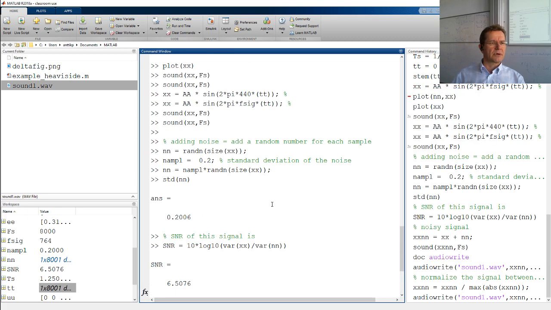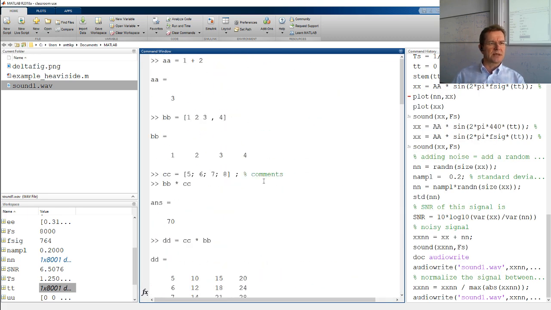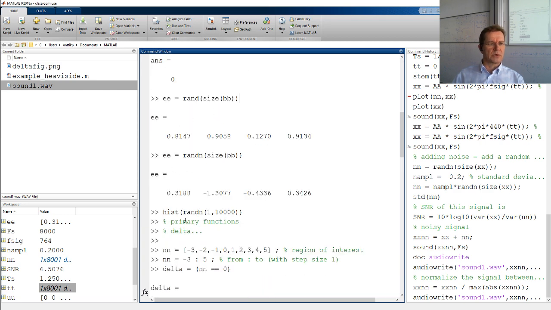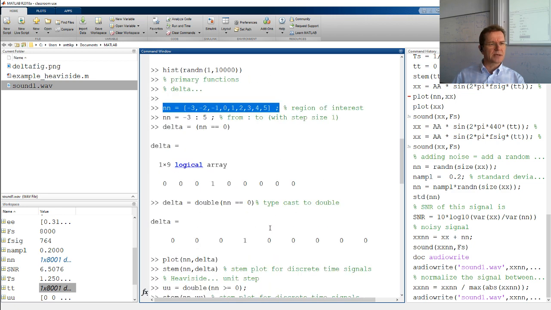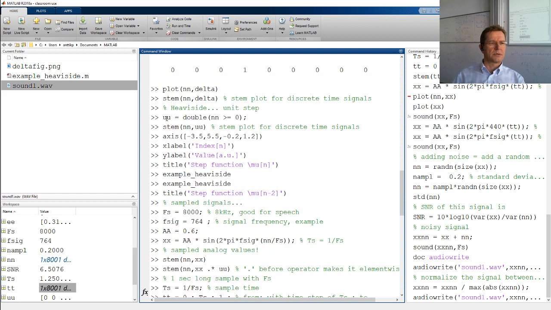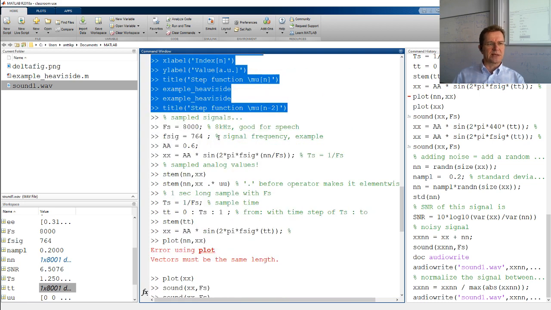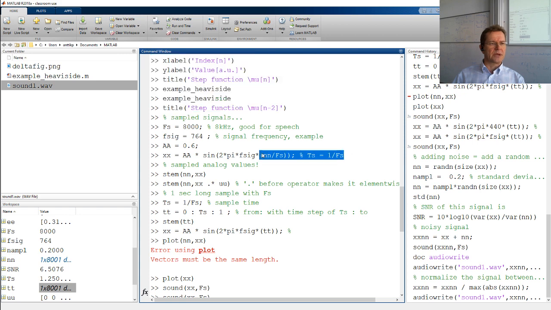So practically, we have covered now, let's see, where did we start from? Setting up variables, setting up vectors, multiplying vectors, doing some random numbers, histograms, indexing, meaning sampling index, using that index to generate delta or the Heaviside, setting the axis of systems, then sampled signals, sinusoid.